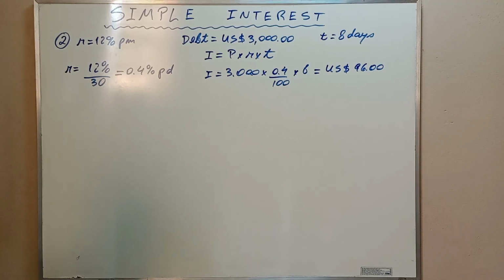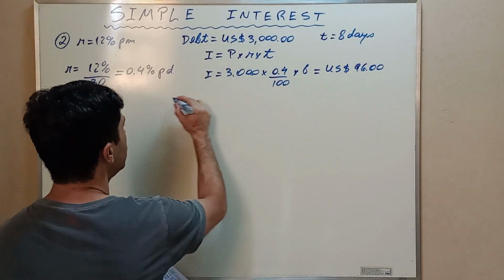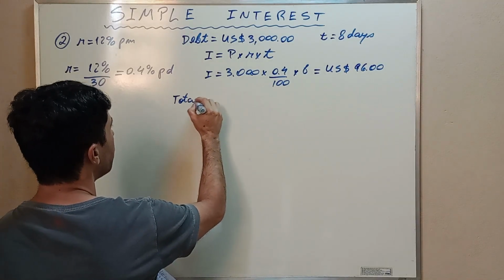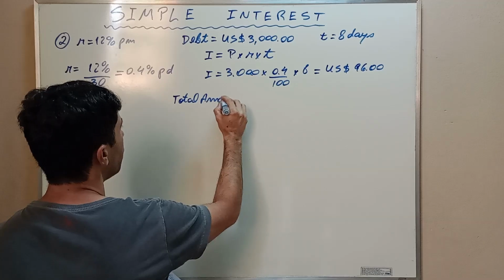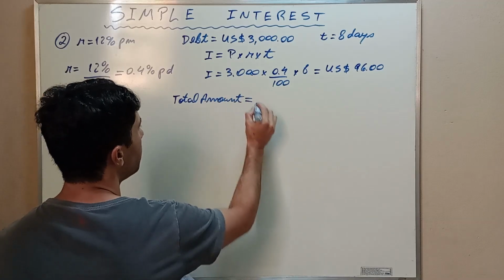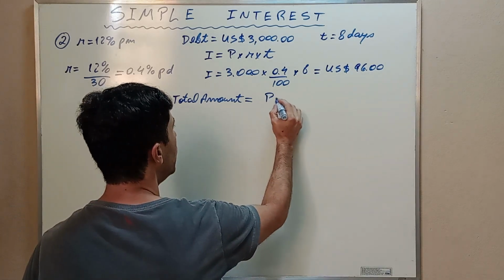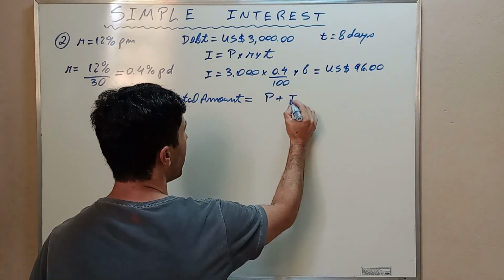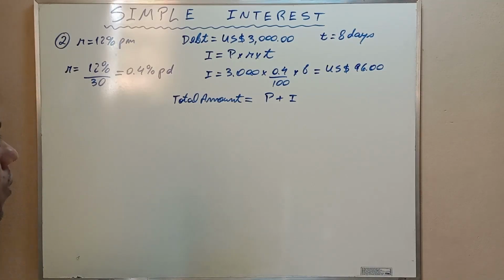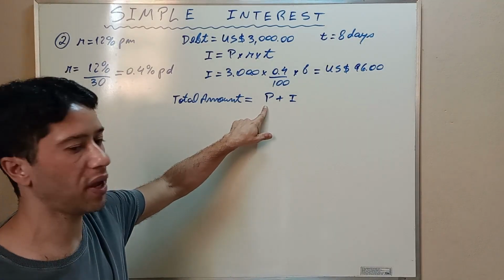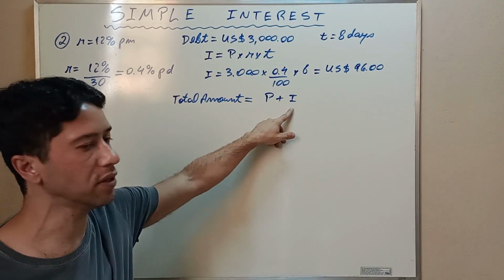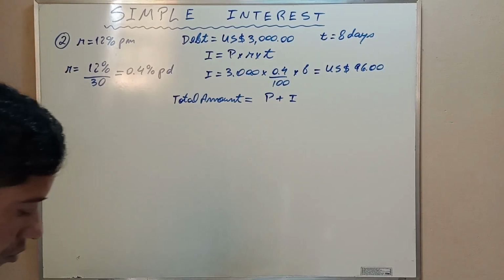Okay, so the total amount is equal to the principal plus the interest. Okay, we have to repay the principal and the interest in this transaction.